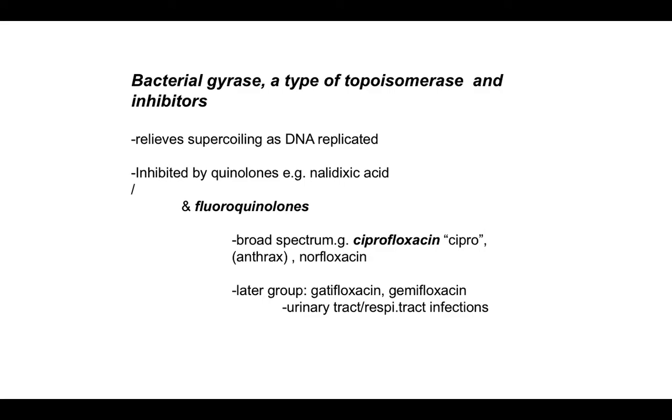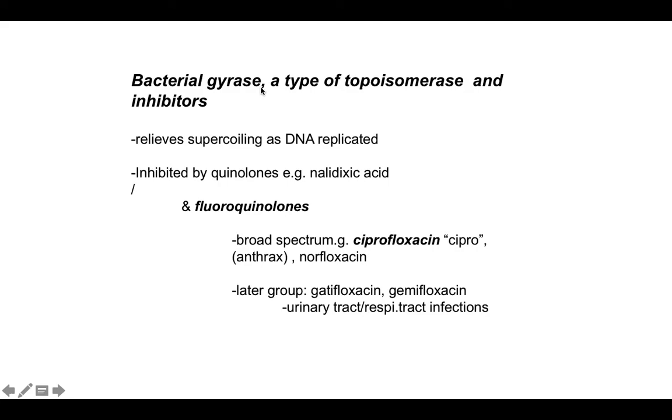We said that there are many proteins and enzymes involved in DNA replication, and one of the enzymes we called bacterial gyrase. This is a type of topoisomerase. And you'll recall, folks, that bacterial gyrase helps relieve supercoiling in the DNA, and that has to occur before the DNA can be replicated. What's so great about bacterial gyrase is it's another of the unique bacterial targets we can use.